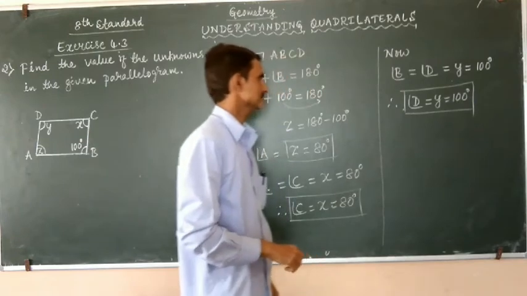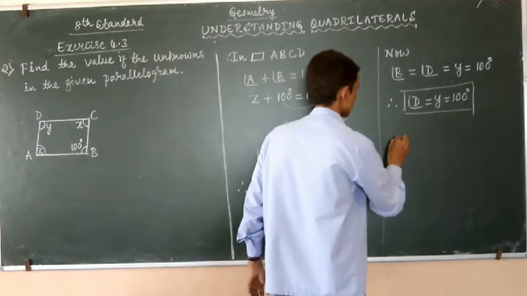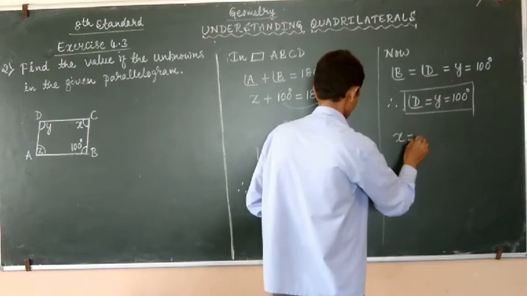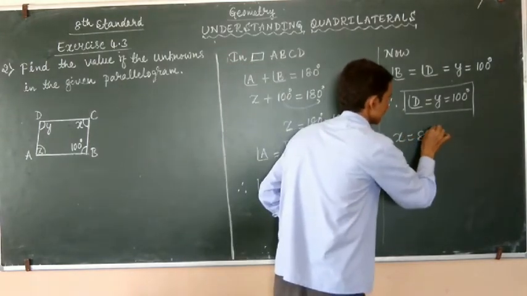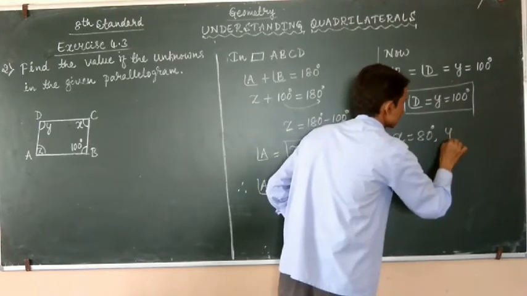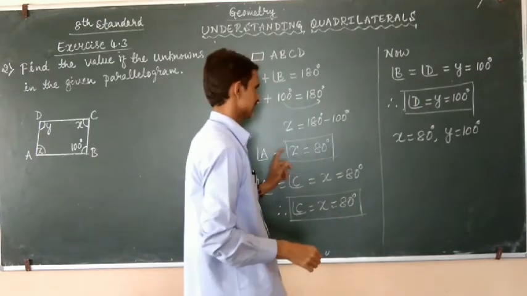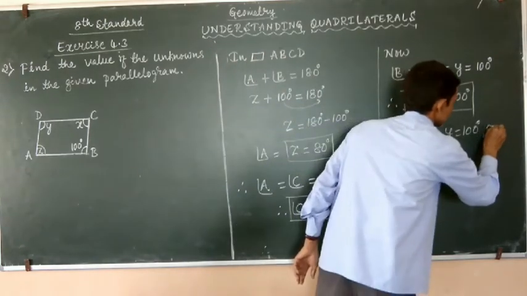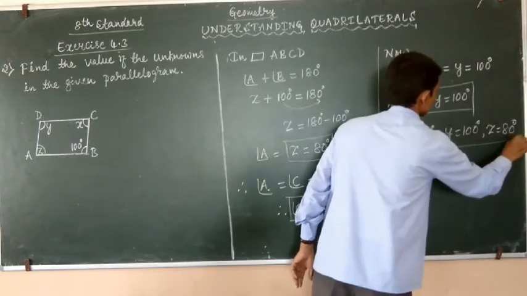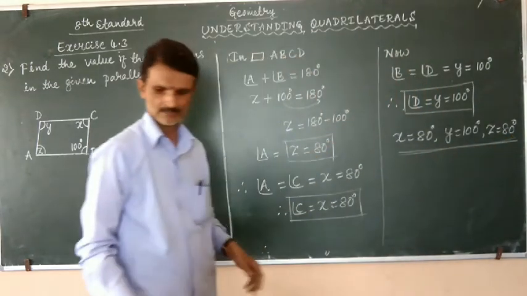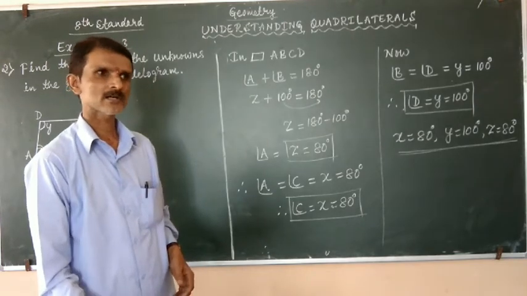Students, we have found the unknown terms. So x equals 80 degree, y equals 100 degree, next z equals 80 degree. So we got all the other three angles of the parallelogram.